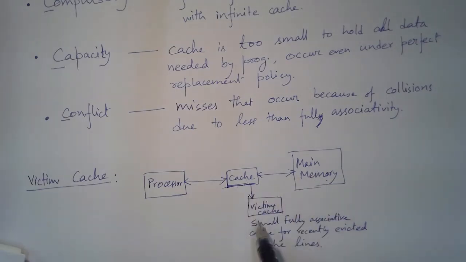But since you now have a victim cache, though small in size, there is a good probability that whatever you have evicted recently, you might need, and you can get the data almost at the same latency as you would have got it from your L1 cache. So, with a small amount of additional cache, you can improve your miss penalty significantly.